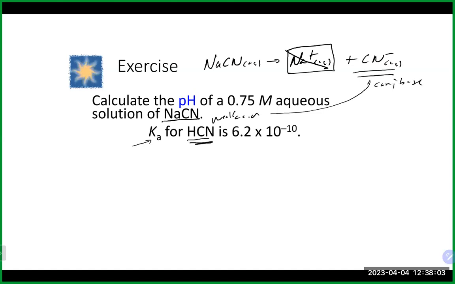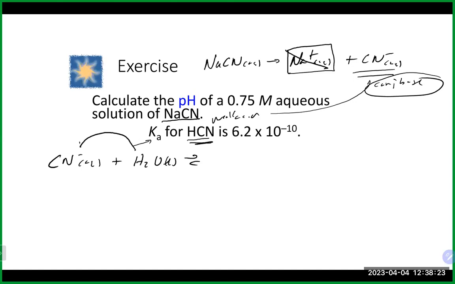And because it is a weak acid, that CN minus should be strong enough to go through hydrolysis and react with water. So that is where we should get our reaction from. It will be our CN minus, which will react with water as a base, which means it's going to accept the H plus. And just like the last one, it really doesn't have an H to give, so we can feel pretty safe about that.